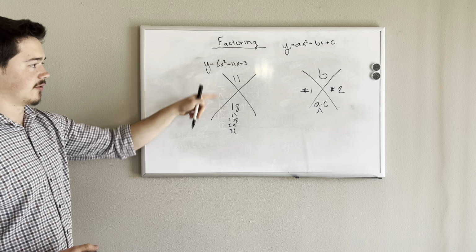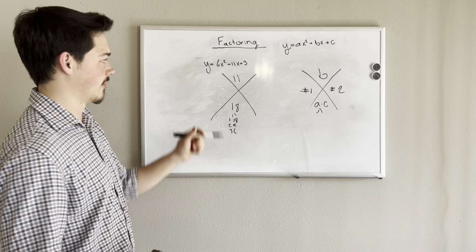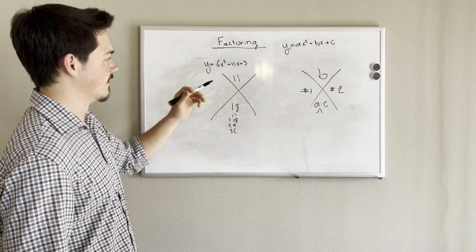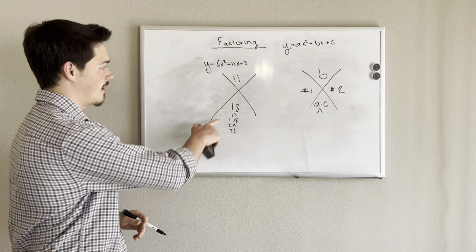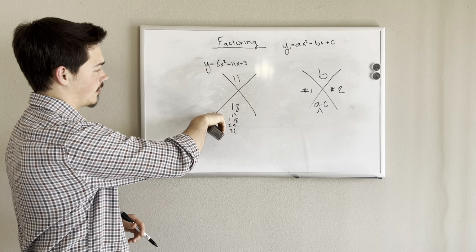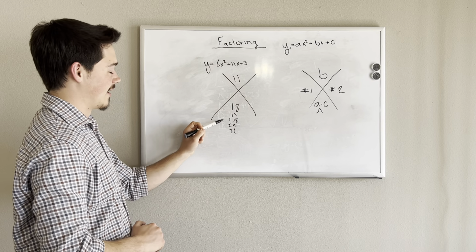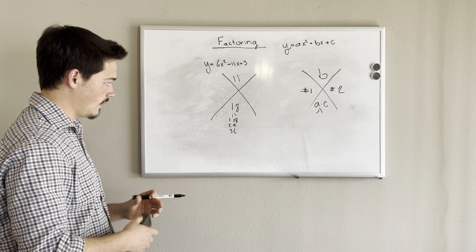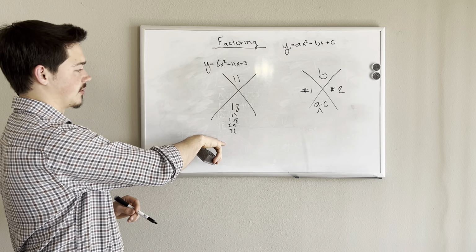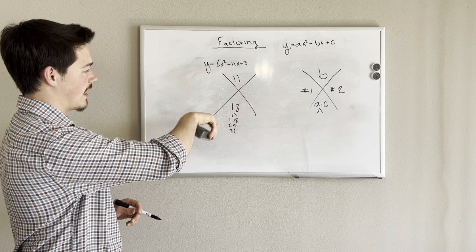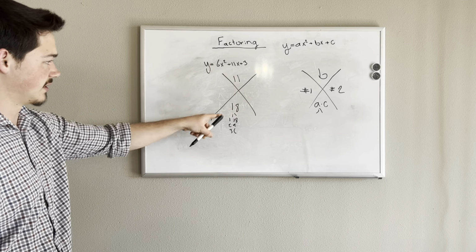It just depends on what's up here, and we'll see some examples later where we involve more negatives here. So for now, since it's positive, both top and bottom, we're most likely going to be looking for positive factors. In this case, we know these multiply to a times c, so our first condition is always satisfied.